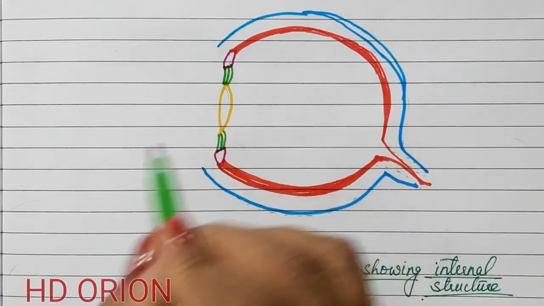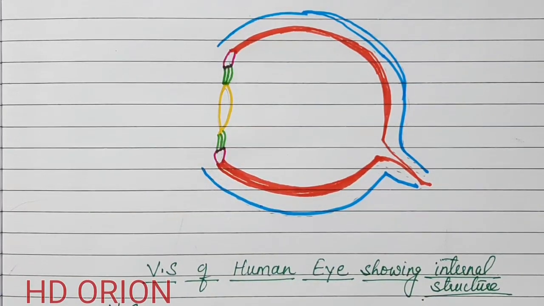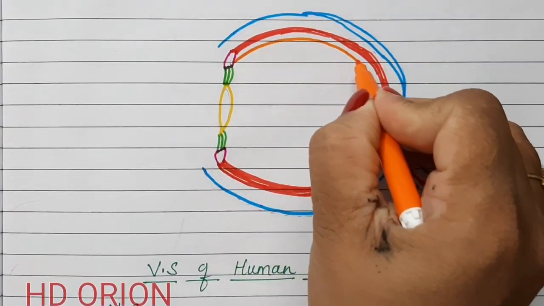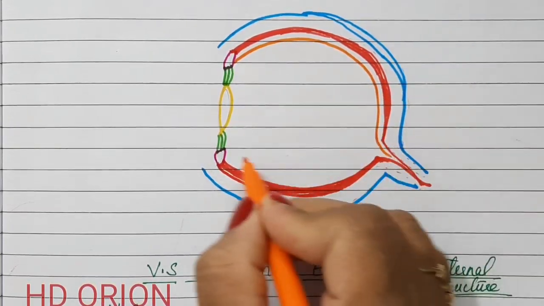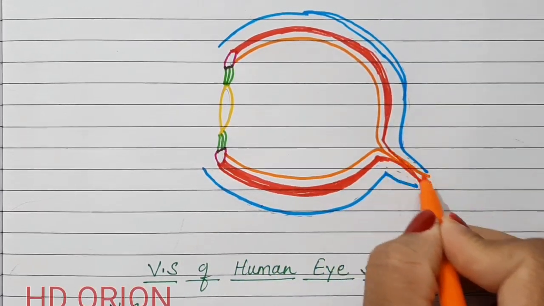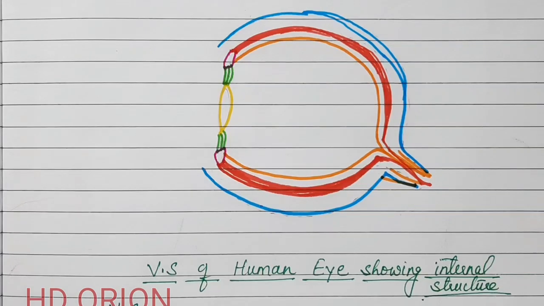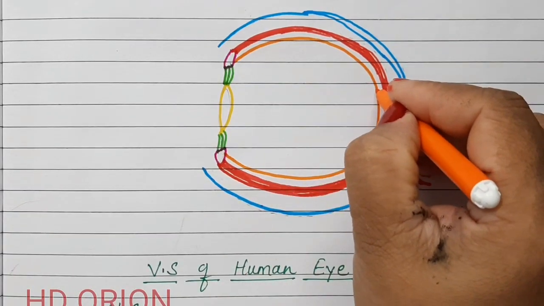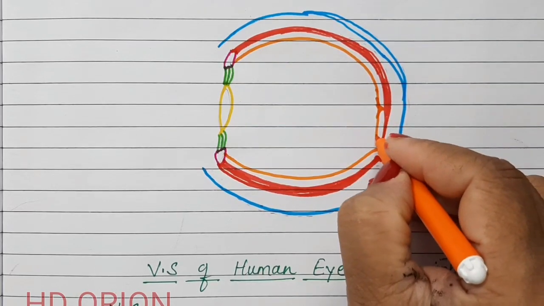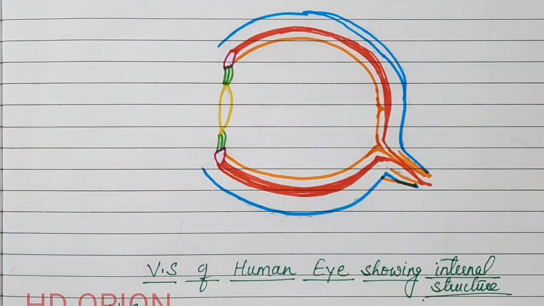This only helps in accommodation. And the innermost layer, the third layer, is the retina. Now this retina is the photosensitive layer. This place has a depression and this place has a depression.